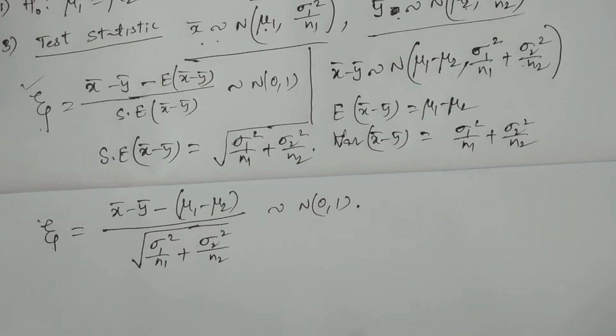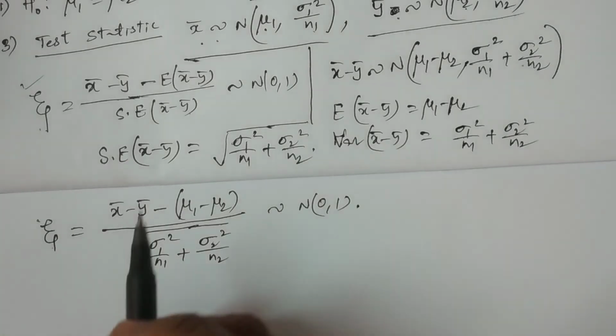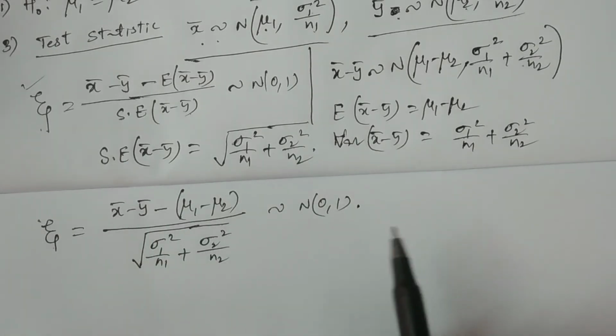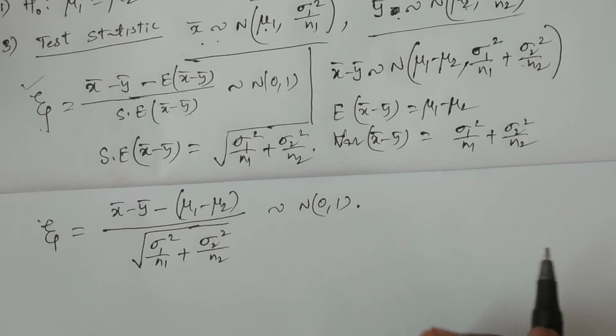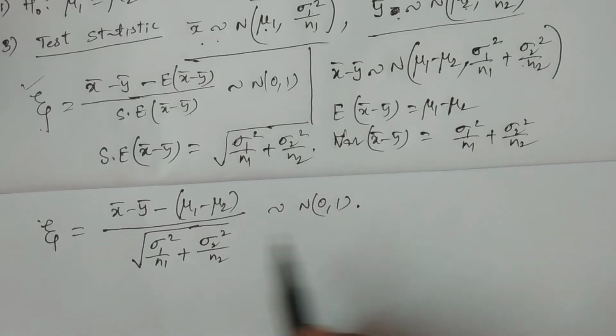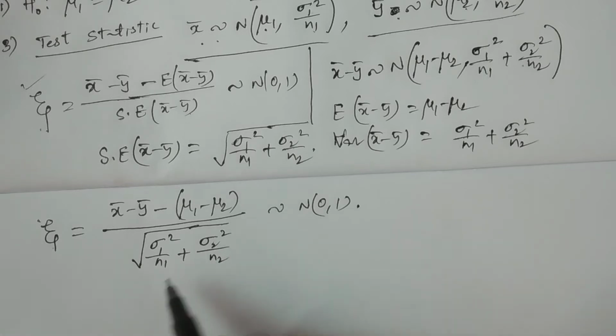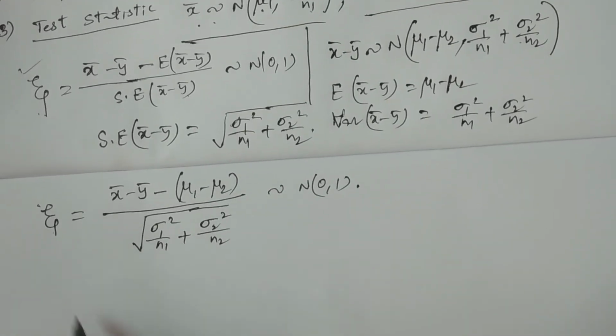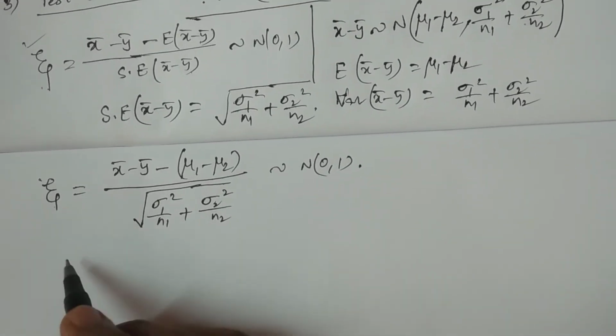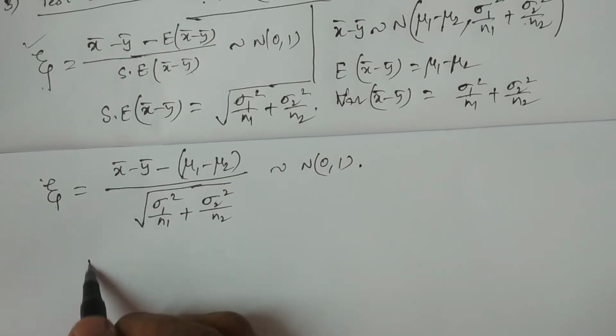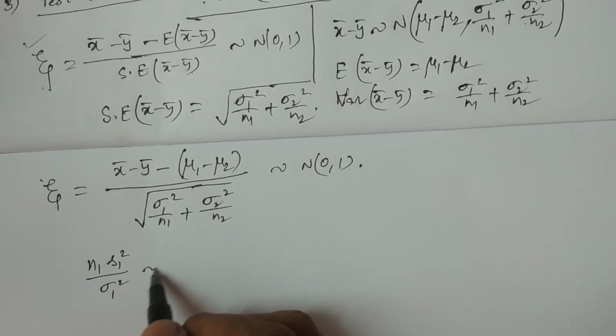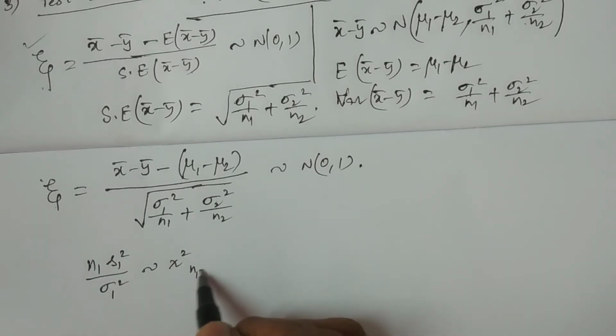Now you have to consider chi1 square and chi2 square, two independent chi-square variates. From sample 1, let chi1 square be n1 s1 square divided by sigma 1 square, which follows a chi-square distribution with n1 minus 1 degrees of freedom.